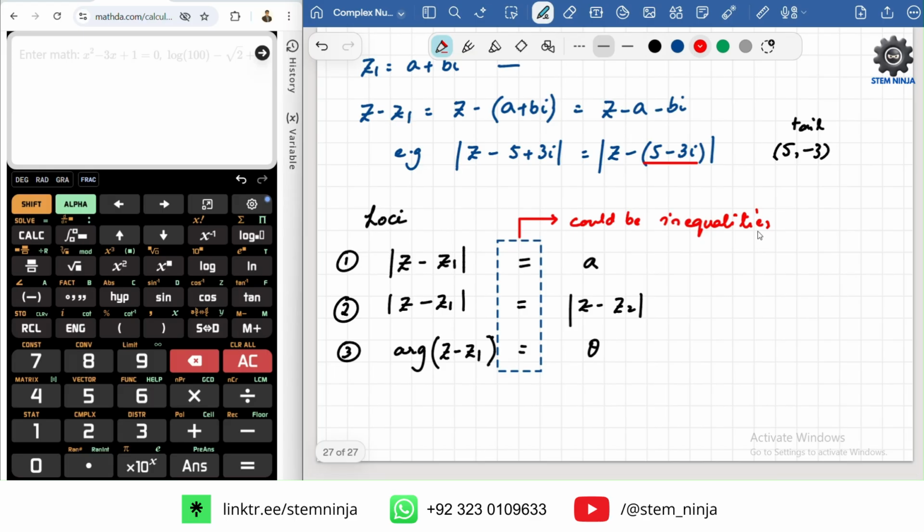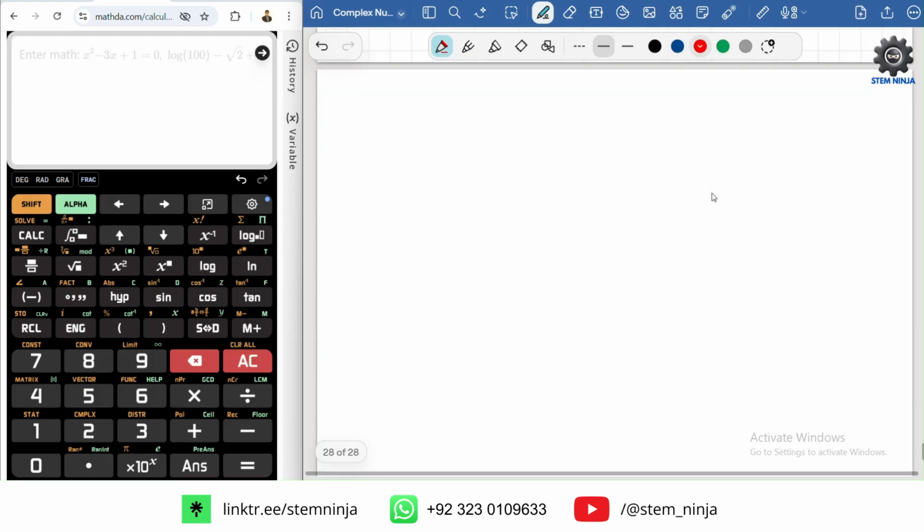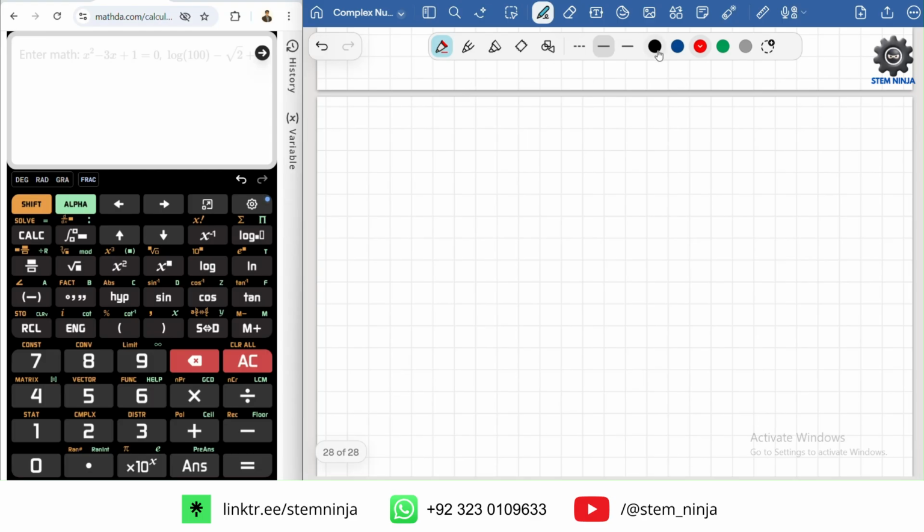So let's see one by one what that means, and we'll do some mathematical working also to show the reasoning behind that. So for example, we start with the first one, the modulus of z minus z1 equals some a, where a is some constant. This is the easiest one.